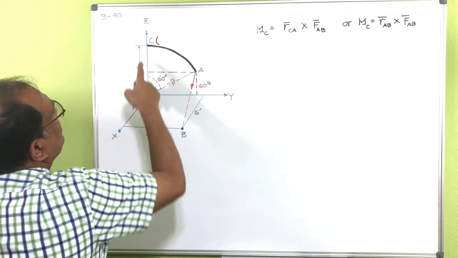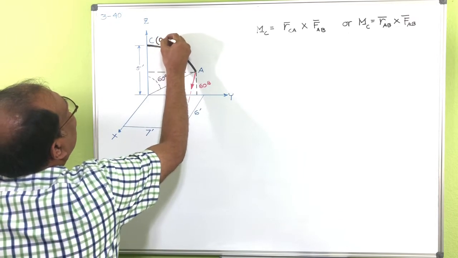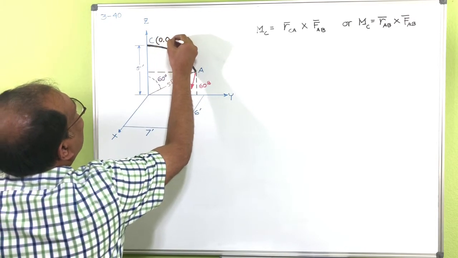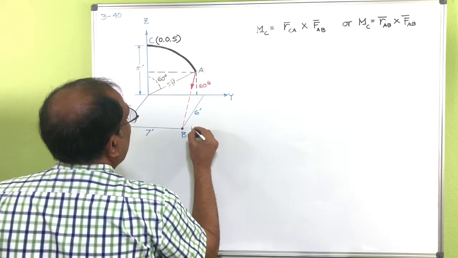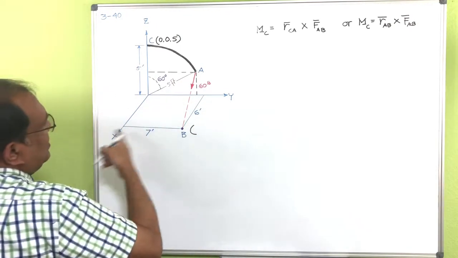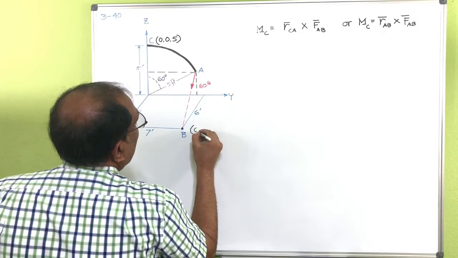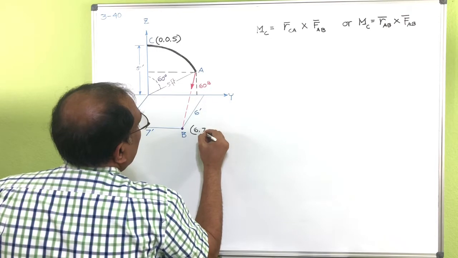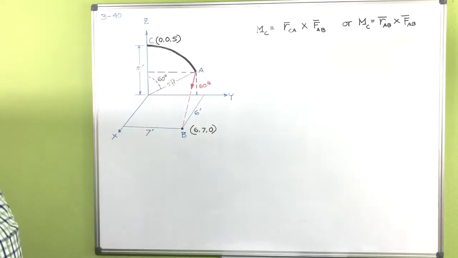You can see this is 0, 0, 5. This one would be in the x direction 6 feet, y direction 7 feet, and z direction 0 feet, because this is in the xy plane.